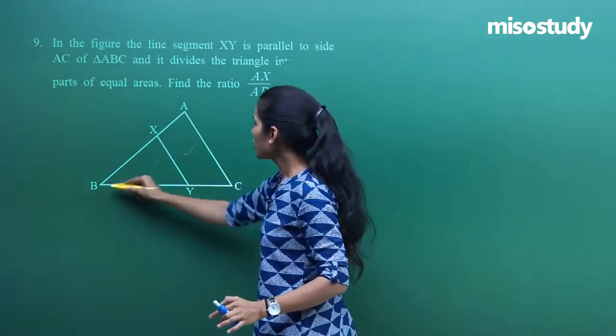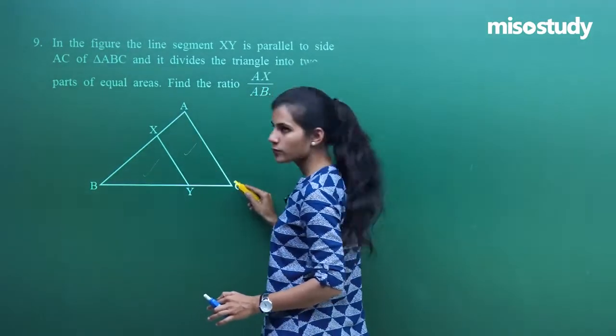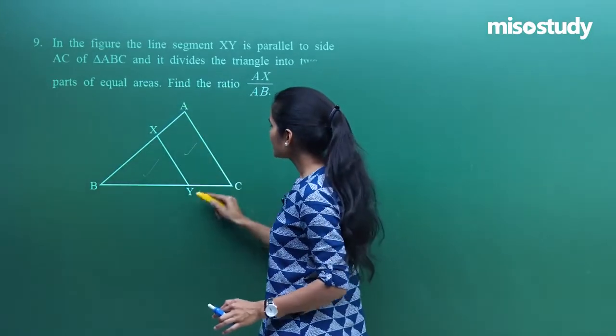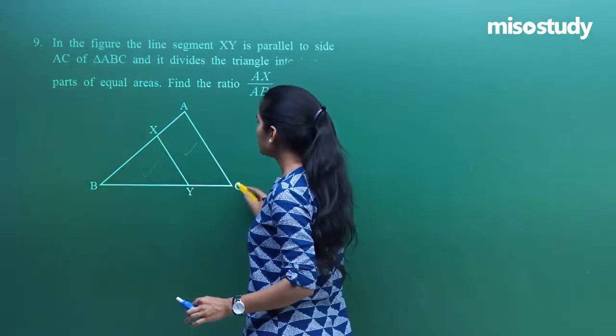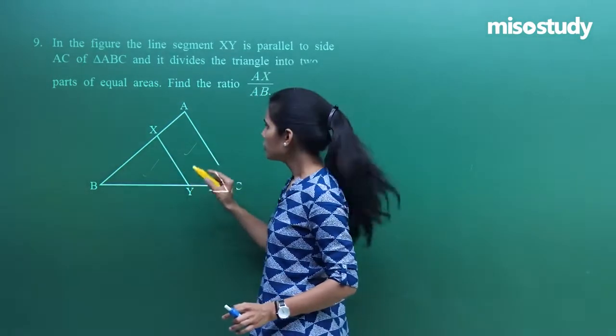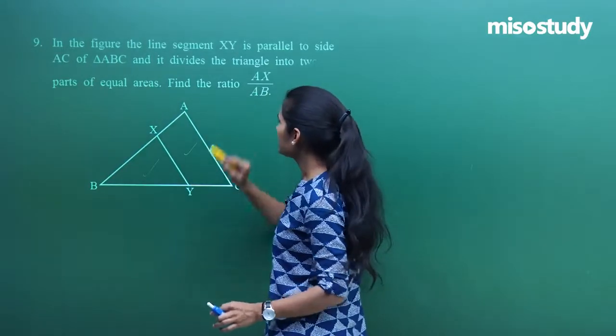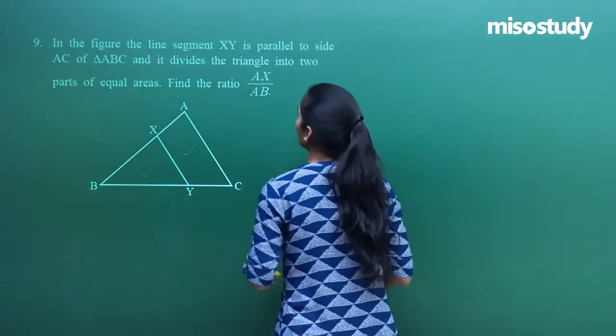So I can write area of triangle ABC as area of triangle XBY plus area of quadrilateral AXYC. But area of AXYC is same as area of triangle XBY. So I can write area of triangle ABC as area of triangle XBY plus area of triangle XBY. So area of triangle ABC by this statement can be written as twice of area of triangle XBY. Understood?